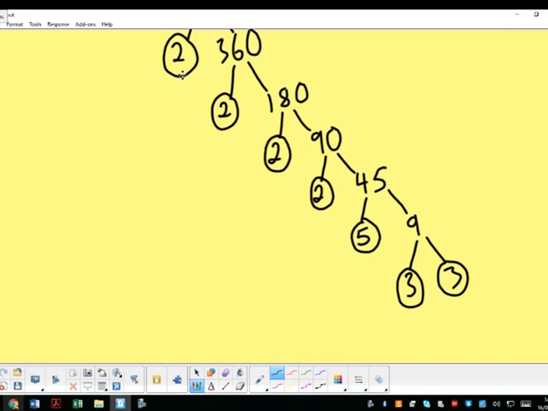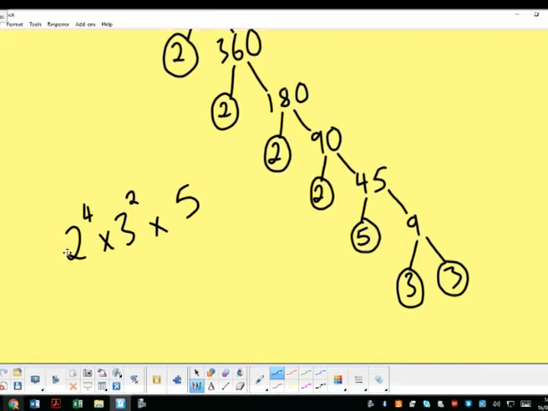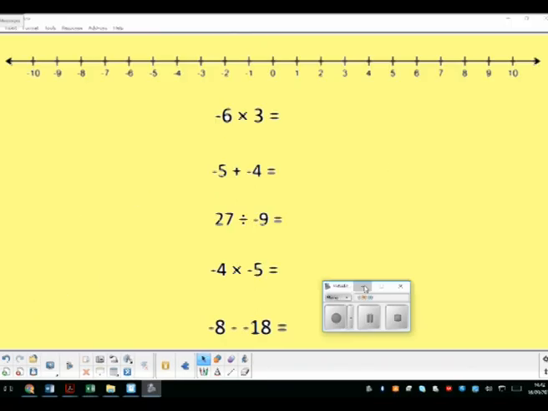So our final answer, we've got 1, 2, 3, 4, 4 2's. So 2 to the power of 4 multiplied by, we've got 2 3's, so 3 squared, multiplied by 5. Try and put them in size order, so 2, 3, and 5.